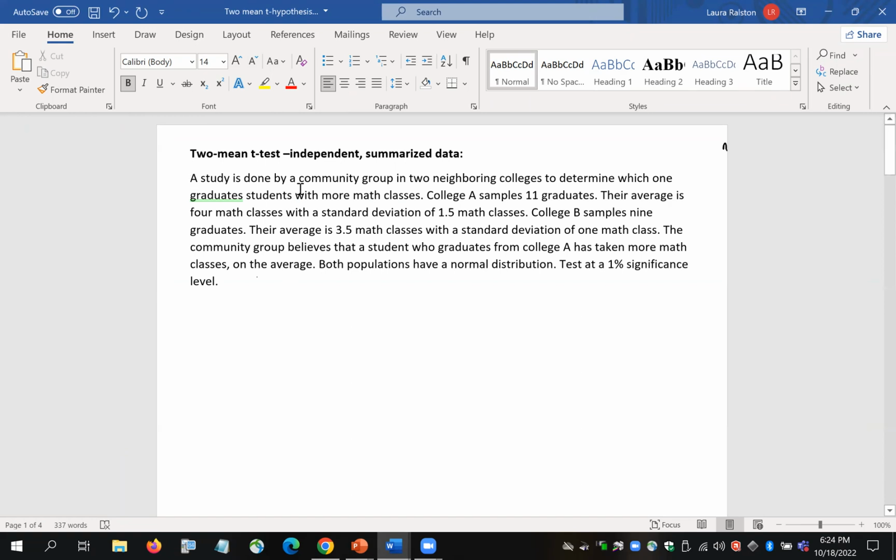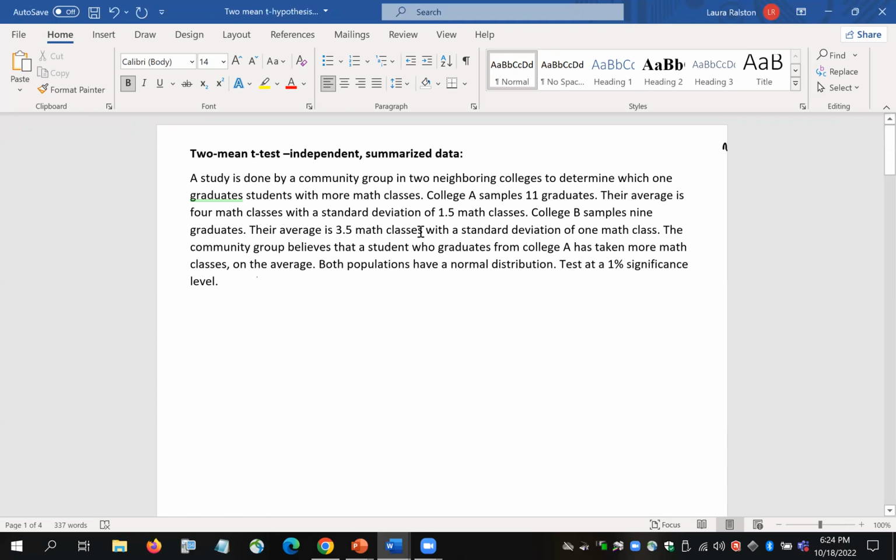a study is done by a community group in 2 neighboring colleges to determine which one graduates students with more math classes. College A samples 11 graduates. Their average is 4 math classes with a standard deviation of 1.5. College B samples 9 graduates.